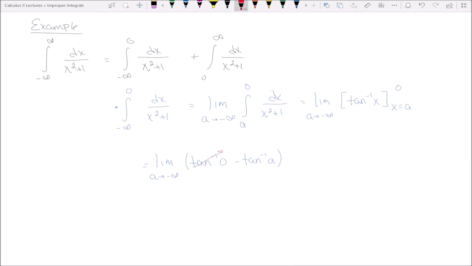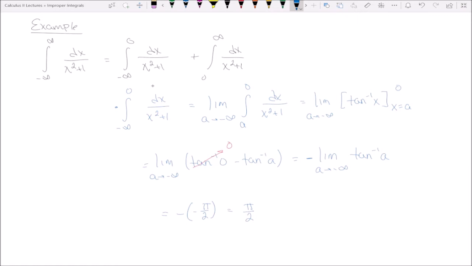Inverse tangent of 0 is 0. So we really have now negative the limit as a approaches minus infinity of the inverse tangent of a. Now, that limit is clearly negative pi over 2. So we get that this evaluates to positive pi over 2.